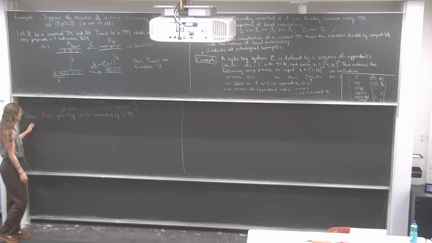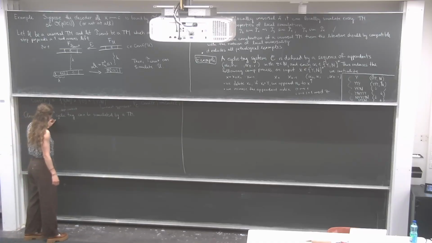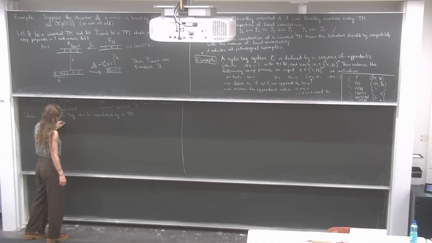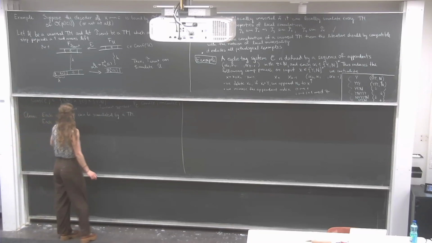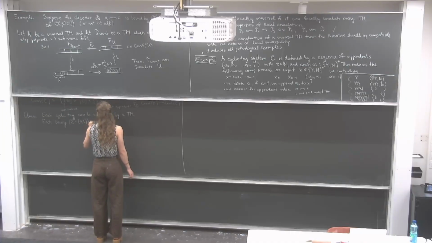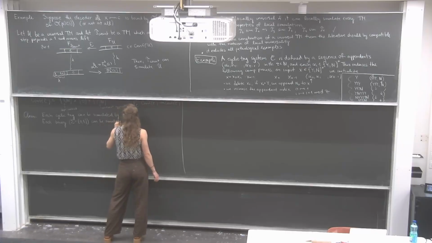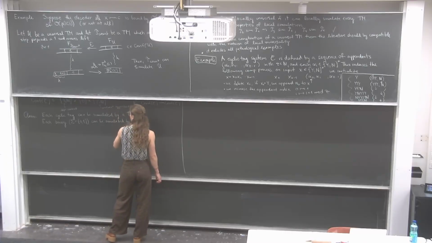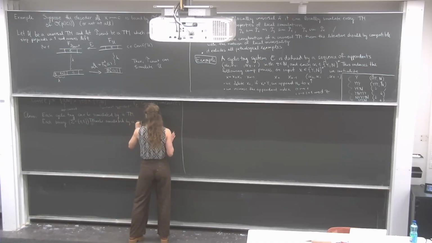What is interesting is that it also works the other way around. Each binary Turing machine, let's say just for simplicity, meaning that the tape only contains zeros and ones, can be simulated by a cyclic tag system.